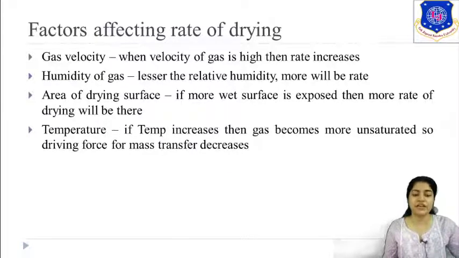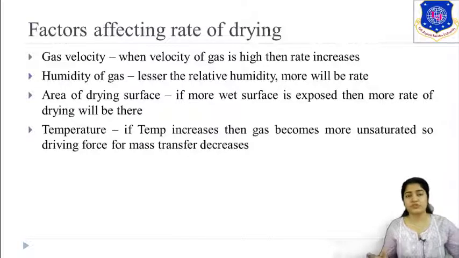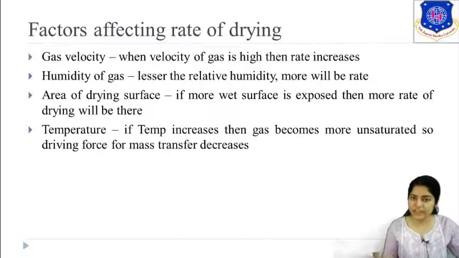Now next is the area of the drying surface. Of course your aim is to dry as much as possible. So if the exposed area of the wet surface to be dried is more, then more mass can be transferred out, more water can be taken out from your wet solid. So the higher the exposed wet surface area, the more will be your rate.